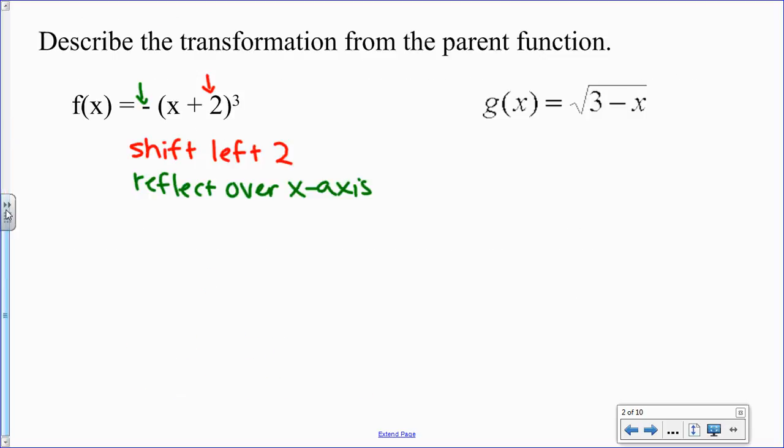let me first rearrange it so the x is written first. Okay, so if I do my order of operations, I see this negative here first, and it's negative x, the negative's on the inside, so I reflect over the y-axis because the negative is on the inside.